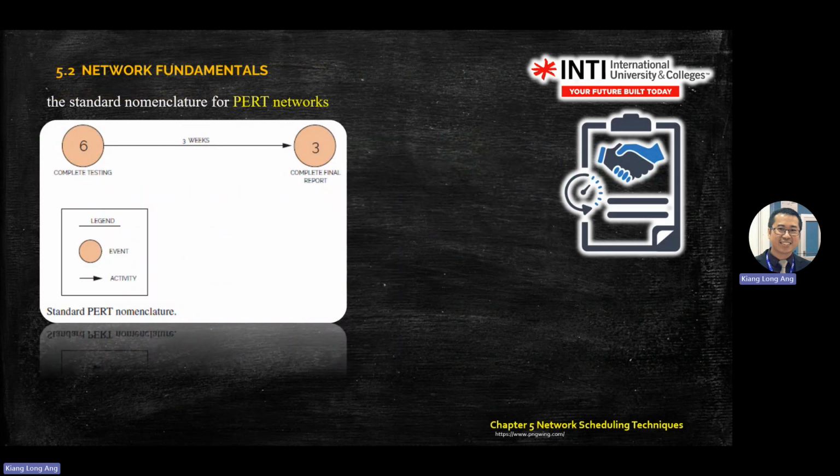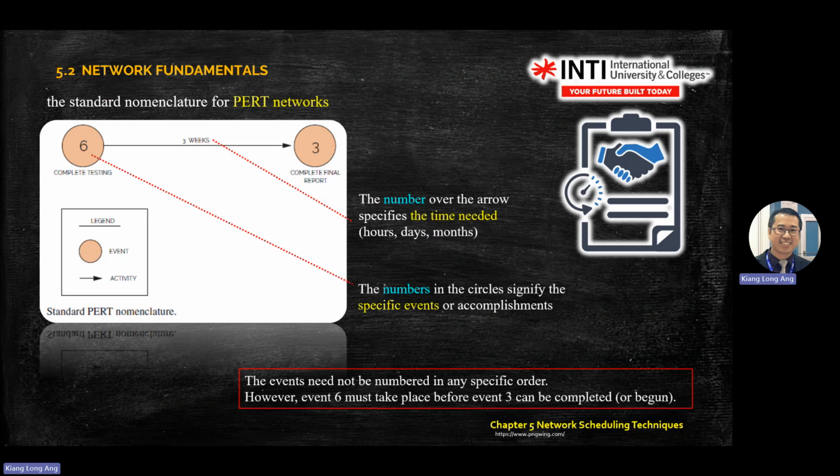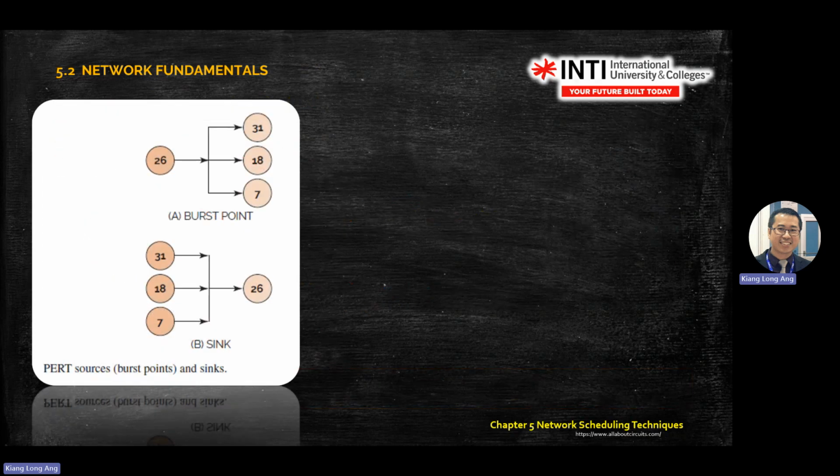One of the networks is called PERT. As you can see here, you have the event and activity, and sometimes they have a sync point or blast point. For a PERT network, there are a few types.